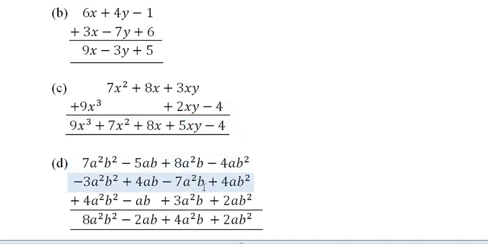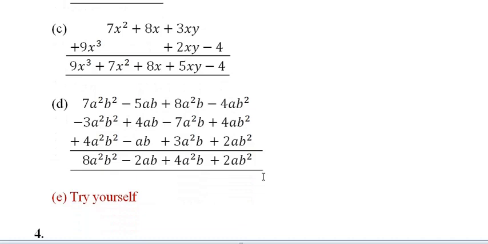Similarly, in question number D, you can see it out here. The terms given here are quite confusing because they are a and b, however, they are different because of the powers given. So arrange them in an order. Please be careful with this comma sign here.